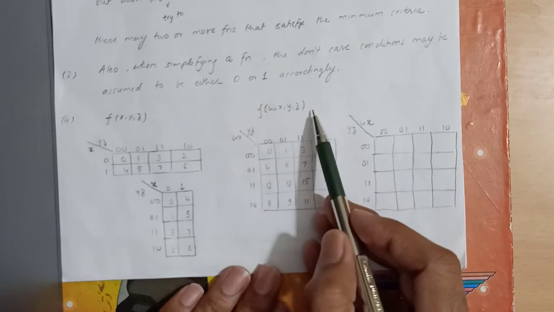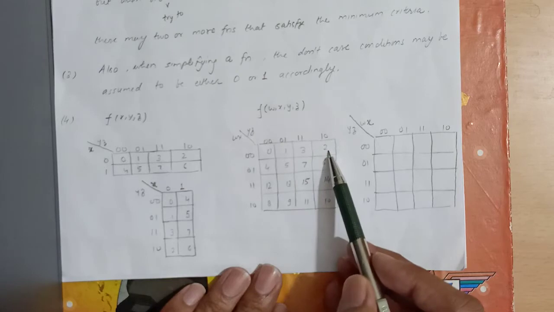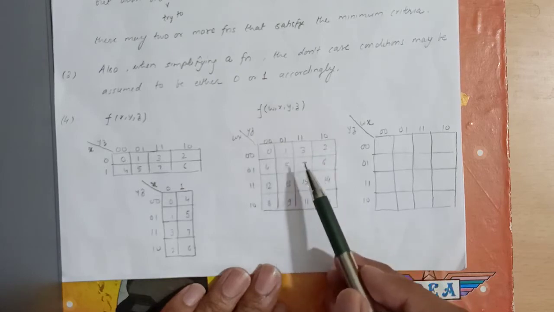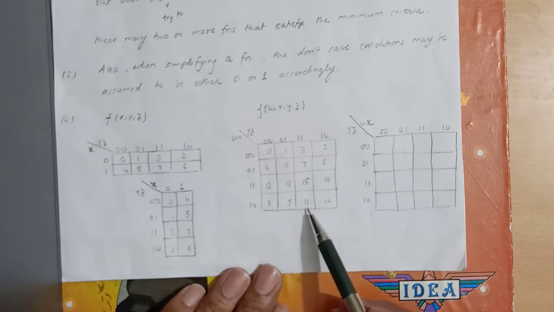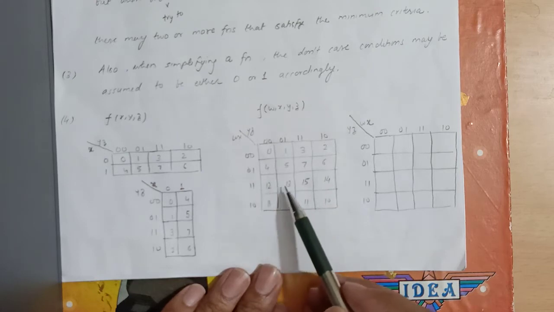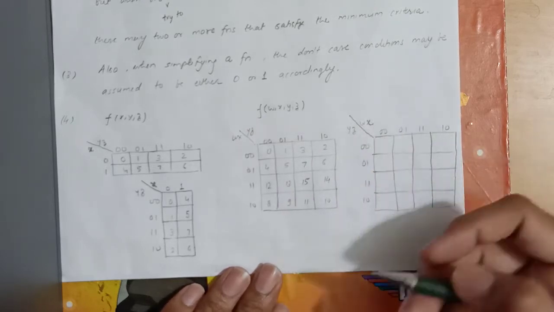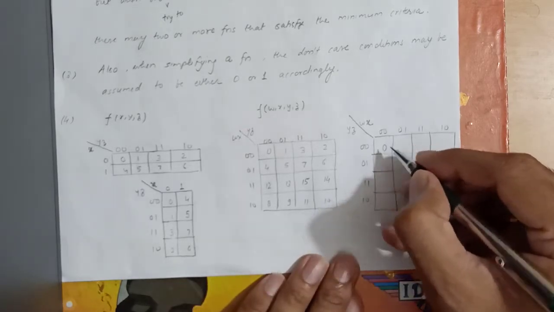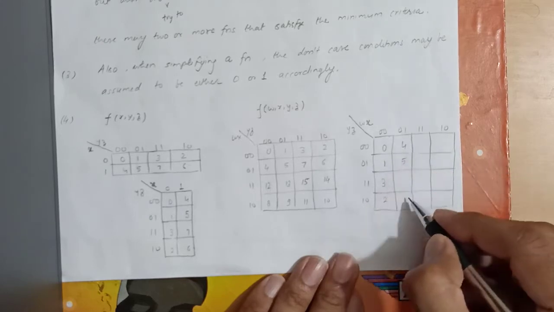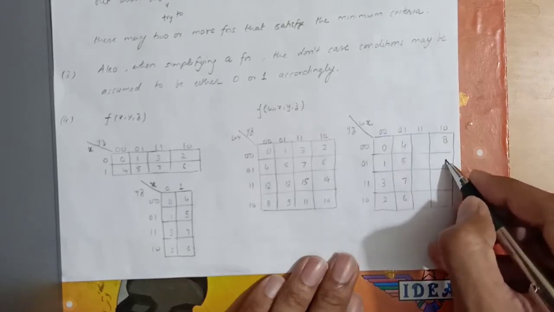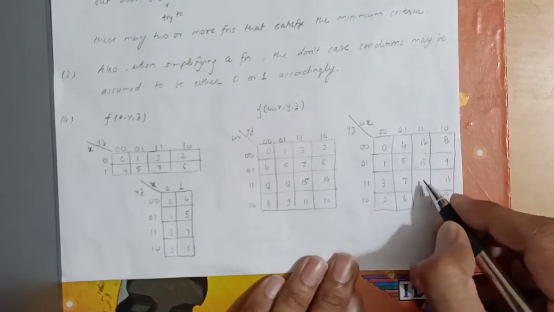Similarly, if there are four variables, if we draw the first two variables here, wx and yz, this will be the order for minterms: 0 1 2 3 4 5 6 7 8 9 10 11 12 13 14 15. Similarly, if we draw the first two variables here, then the order of minterms will be like this: 0 1 2 3 4 5 6 7 8 9 10 11 12 13 14 15.